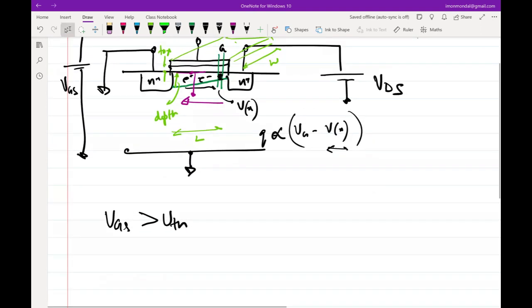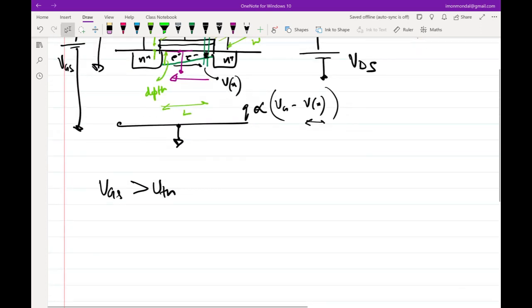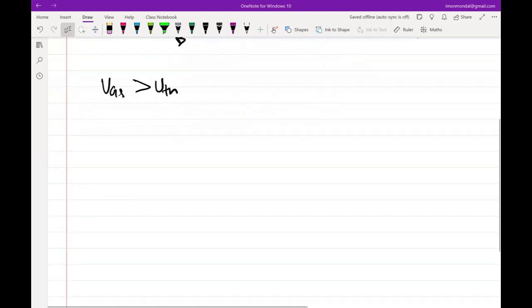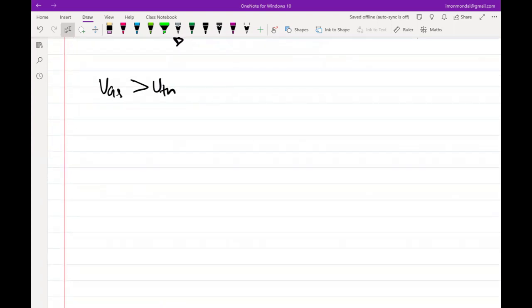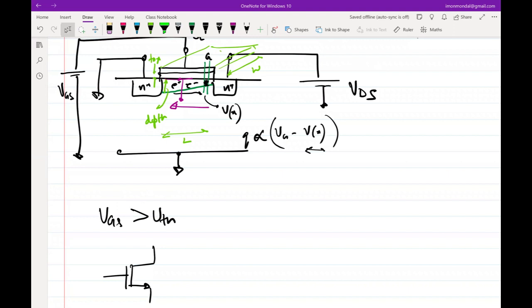So then, what we said is we will try to relate this to Y parameters. The symbol for this MOSFET is essentially this, and if we have to relate directly to this structure, the symbol should be expressed like this. This is the gate, this is the drain, this is the source.